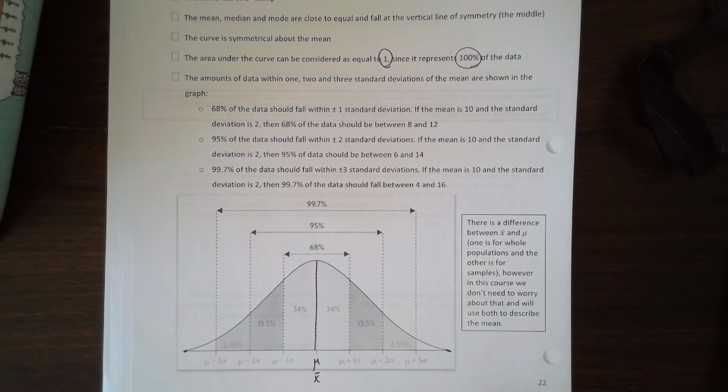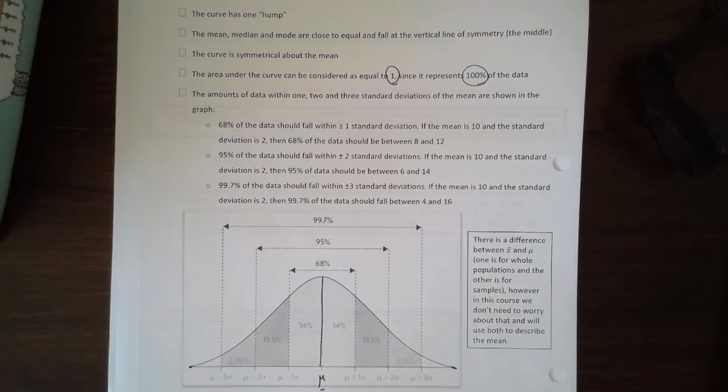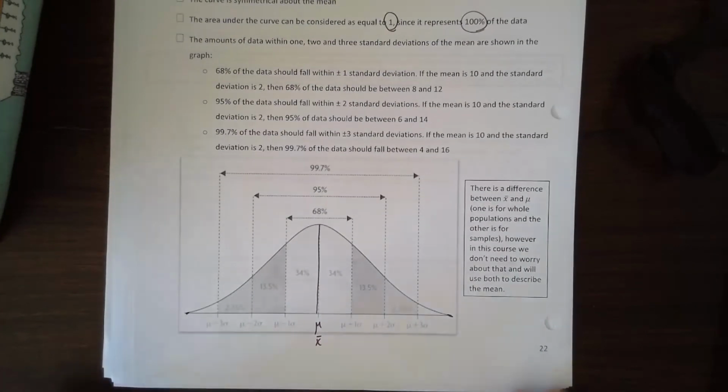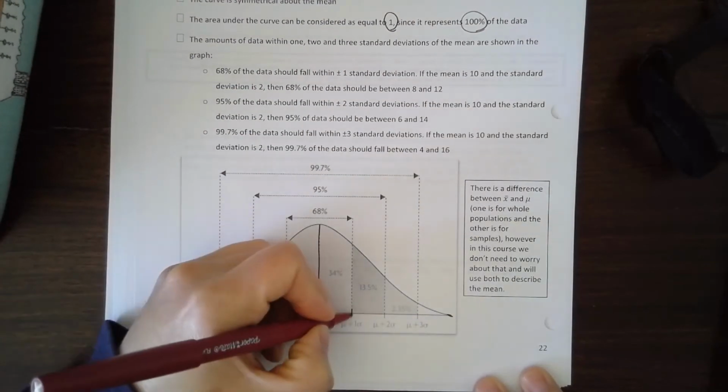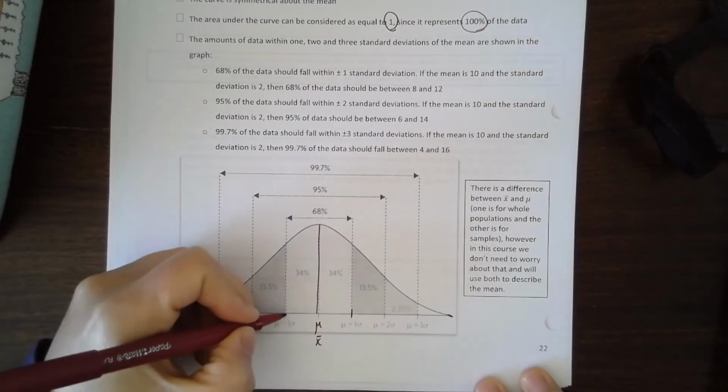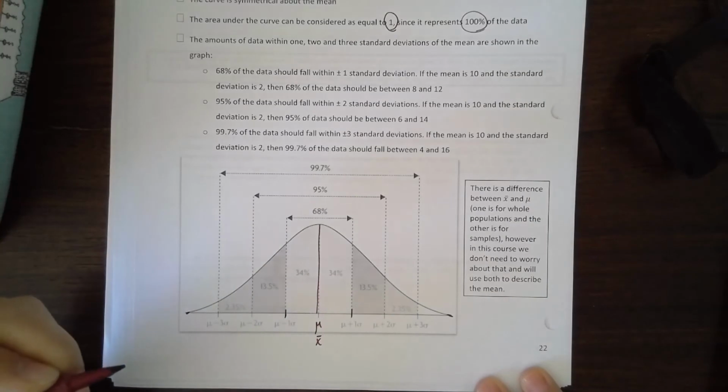Okay, another key feature here that would make this normal, that would make this shape. Where does this shape come from? Well, 68% of the data falls within 1 standard deviation, and that's what's going on here. So you put your mean in the middle, and then you add 1 standard deviation, and you subtract 1 standard deviation.